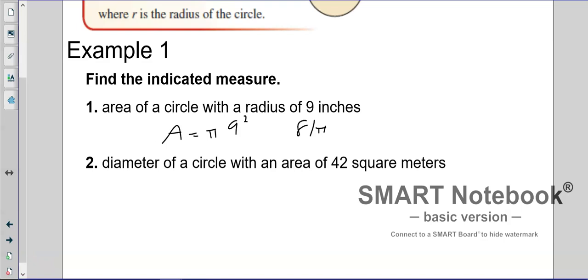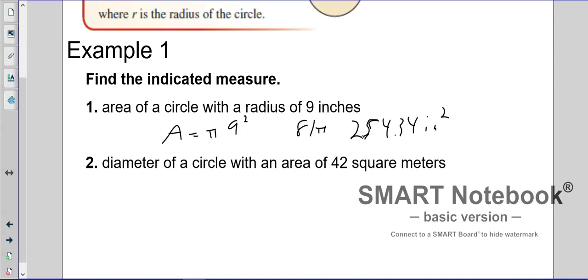Since it says 81 times 3.14, we get 254.34 square inches. If I would have done 81 and then the pi key, it would probably be pretty close, 254.47. All right, so it's really close. I'll accept either answer.